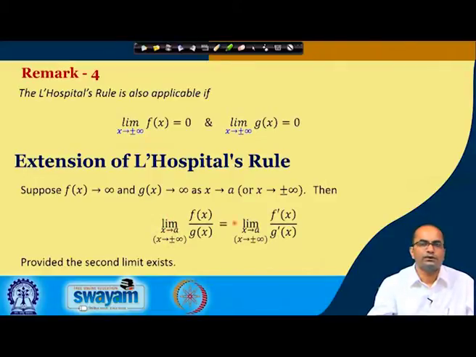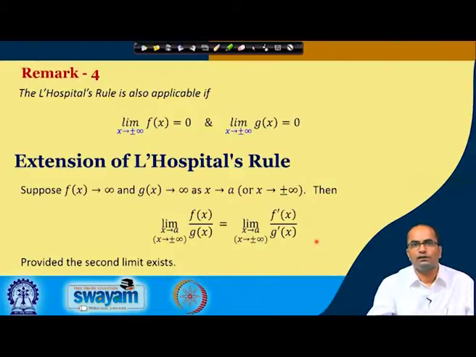In this case also we have the same rule: the limit of the ratio of these two functions will be the limit of the ratio of their derivatives, provided the limit on the right hand side exists, that is, the limit of f prime over g prime exists.